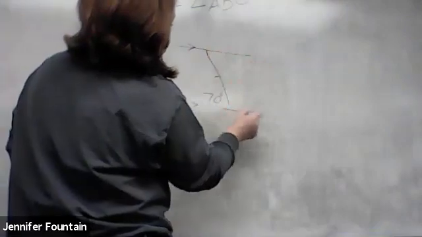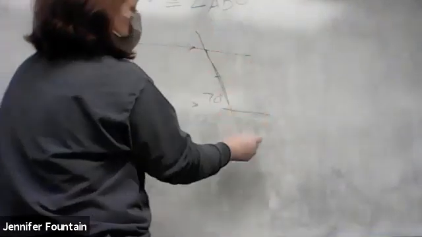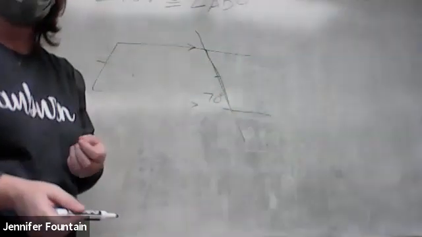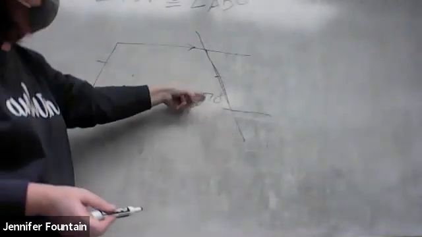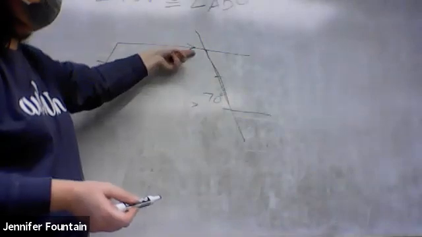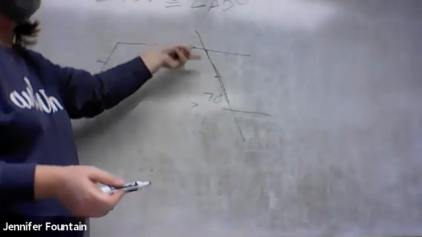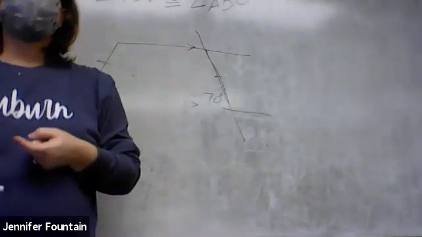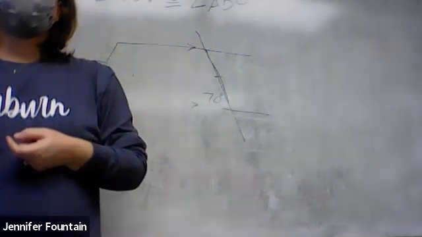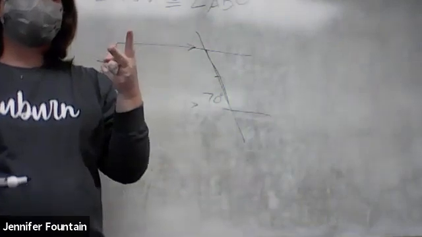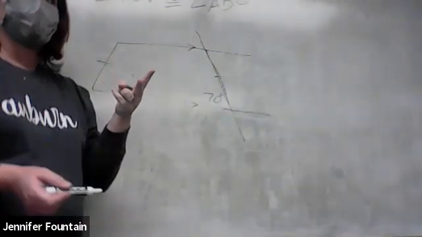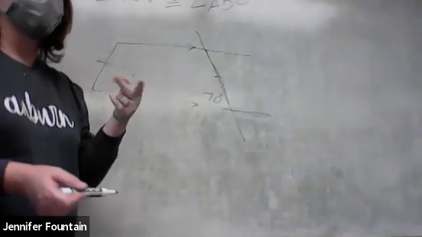If these went out and this went like this, and I turned it into parallel lines with a transversal, what do I know about consecutive angles? They equal 180.